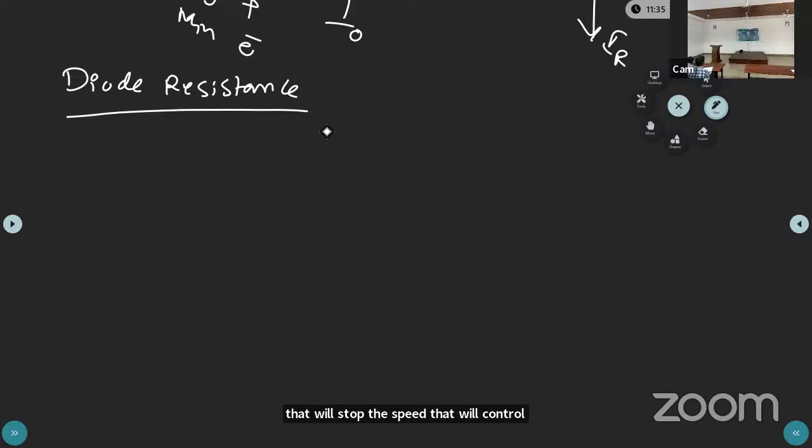Here also the flow of electrons can be controlled, stopped, opposed. So that device is called the resistance. So the resistance in terms of voltage and current is R is equal to V by I.